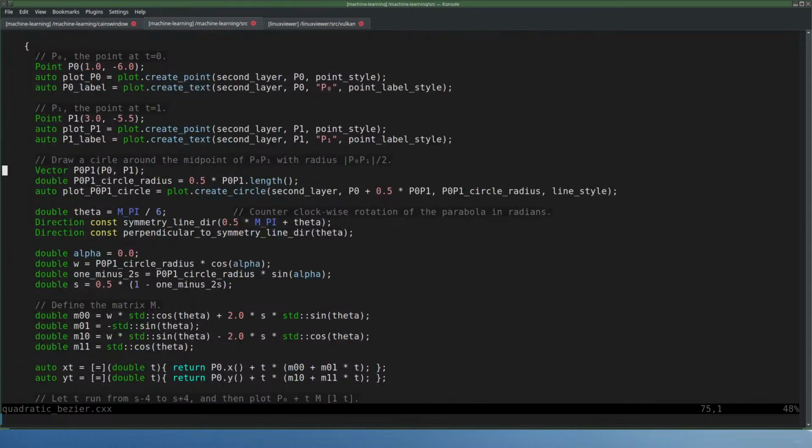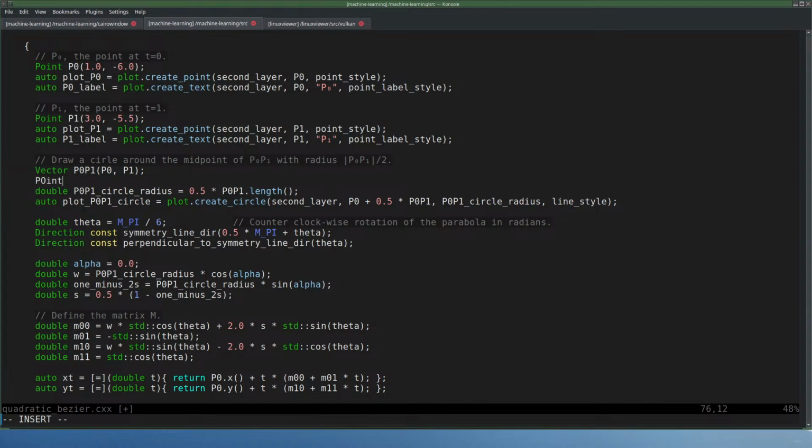In other words, draw the circle around the midpoint. Let's make a point. Midpoint circle. What do I have? Everything starts with P0. Circle midpoint. Looks like center even. Yeah.